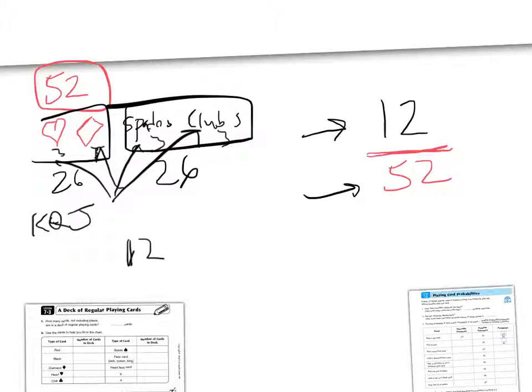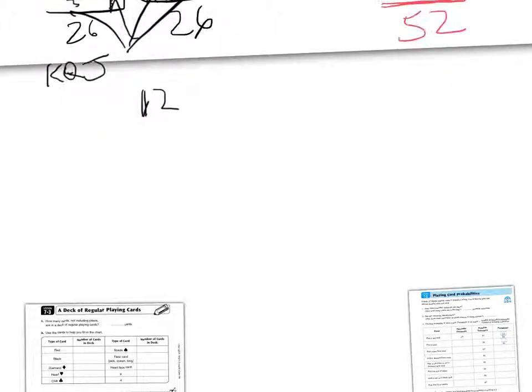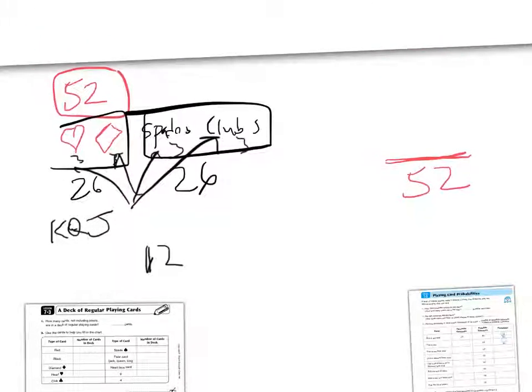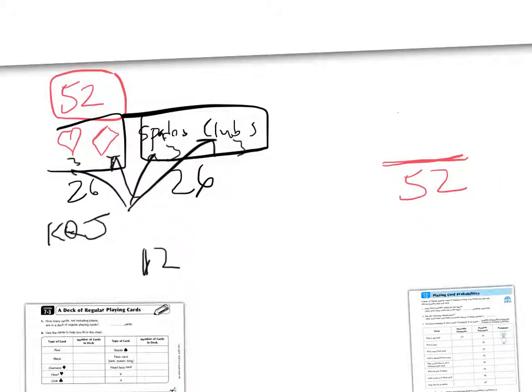Okay, let's do something a little different here. Let's say I want to know what are the odds or what's the probability of drawing a heart out. Well, there are 13 of each suit.